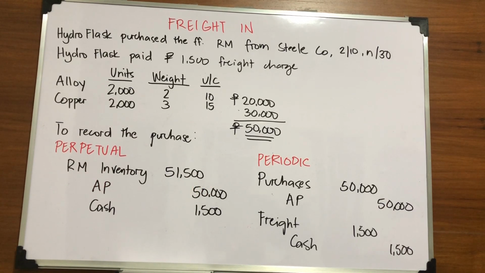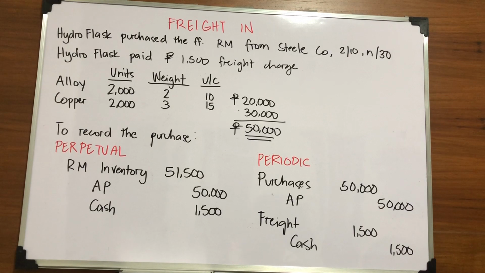And if I may ask you, why do we credit accounts payable and not cash for the 50,000? It is because the problem states here that it was purchased with terms 2/10 and net 30. So when you see this statement, it is already a hint that it is made on account. That's why you recognize accounts payable.